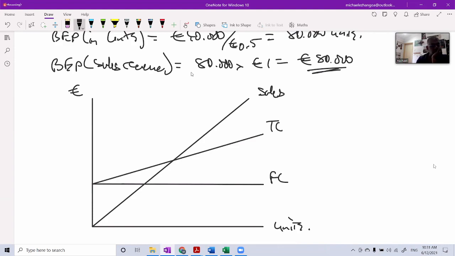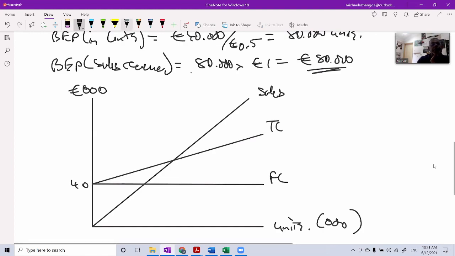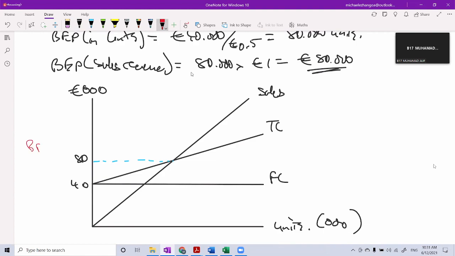Now, let's say this is thousands. Units also, let's say thousands. So fixed cost will be 40,000. This point will be 40,000. This point here must be the break-even point, 80,000. This is the break-even point in euro.